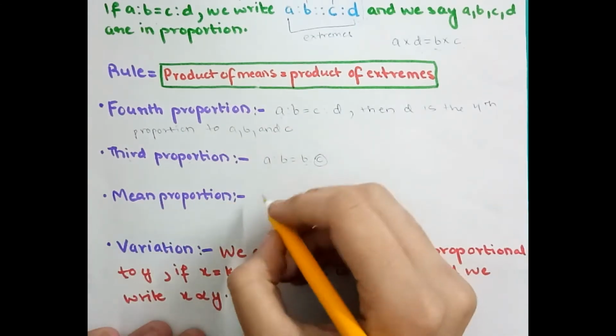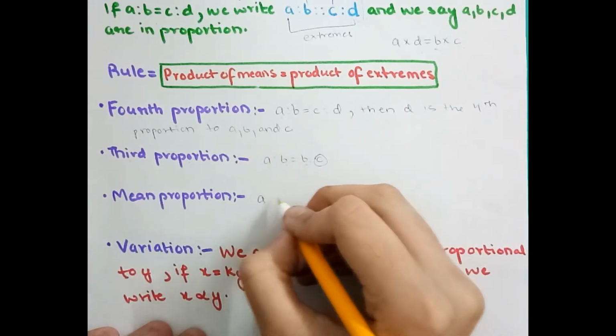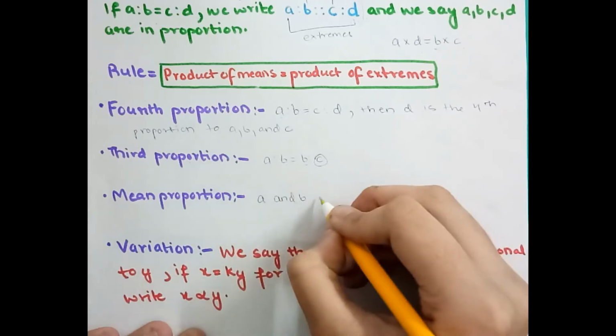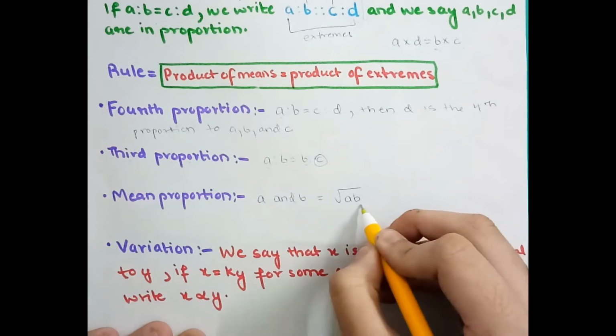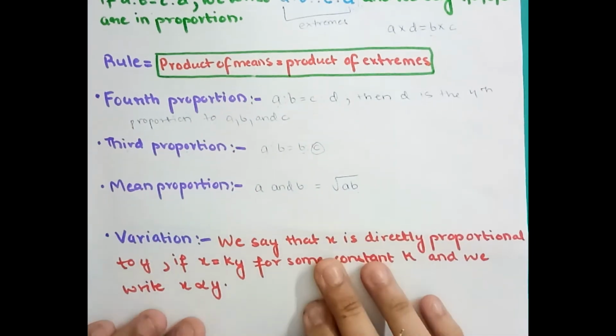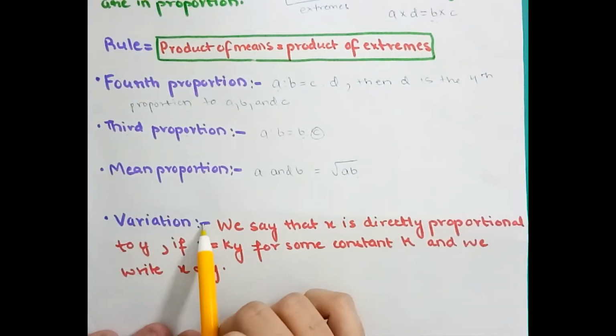The mean proportion of A and B will be represented as root of A into B, that is root of AB, right?